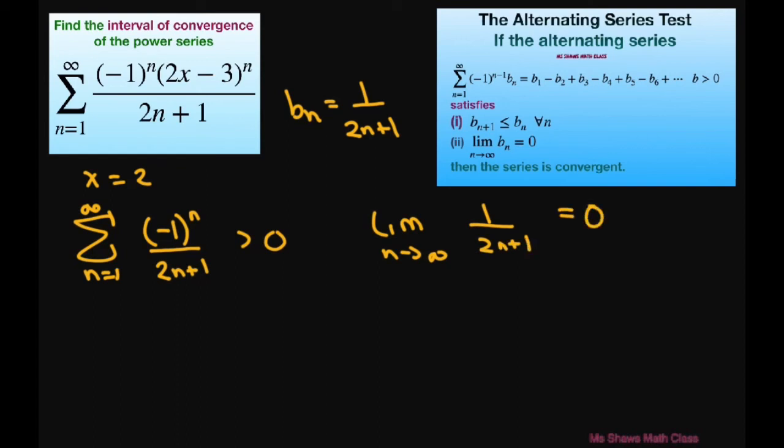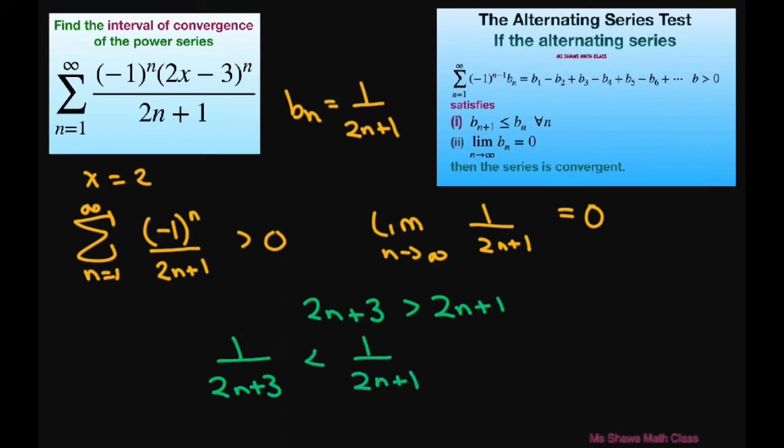And since 2n plus 3 is greater than 2n plus 1, that means 1 divided by 2n plus 3 is less than 1 divided by 2n plus 1. So that means it is decreasing. So it satisfies both conditions 1 and 2. So that just means this is convergent at x equals 2.